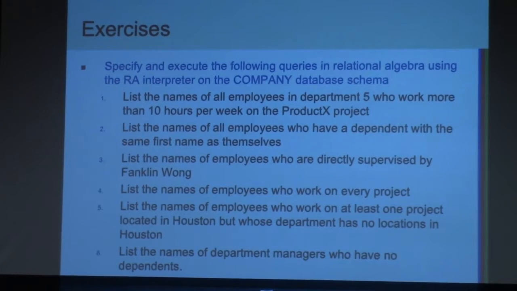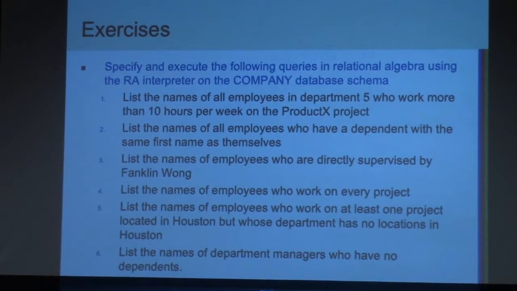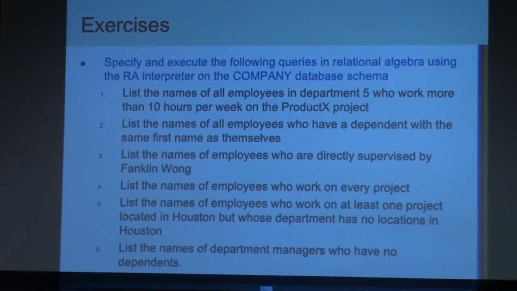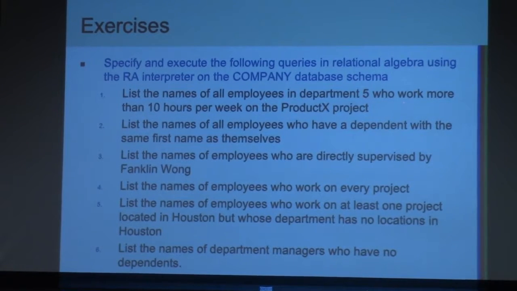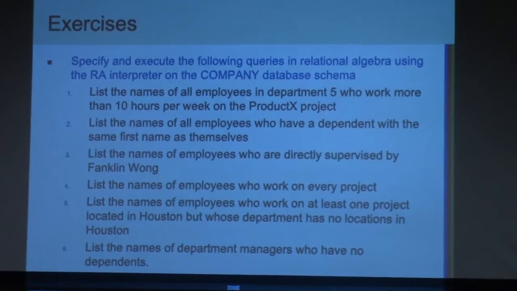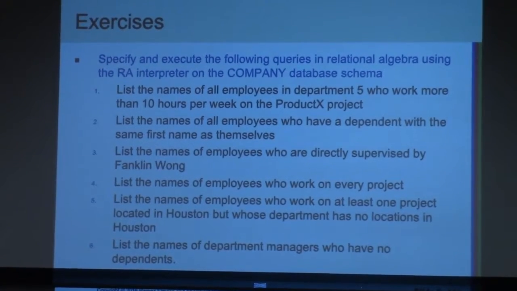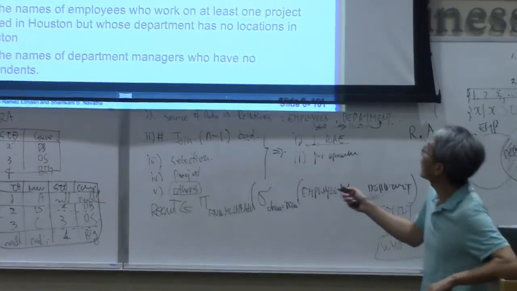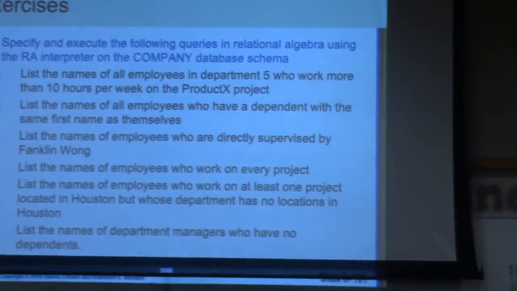It's not that simple, but it's based on the company database. For example, list the names of all employees in department number 5 who work more than 10 hours per week on the ProductX project. Just a hint: source of data. Where can you get the names of employees?